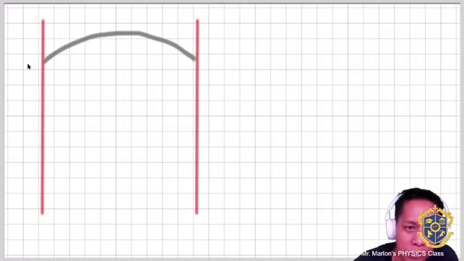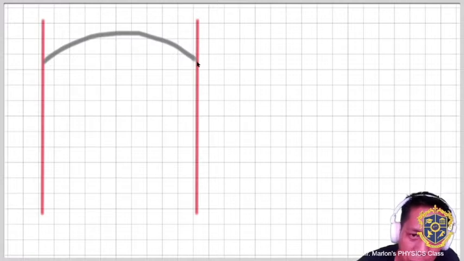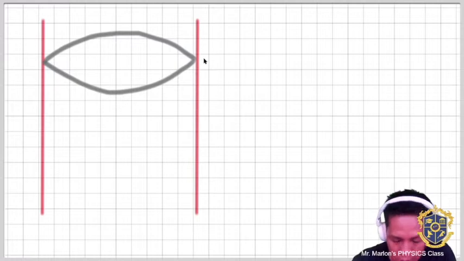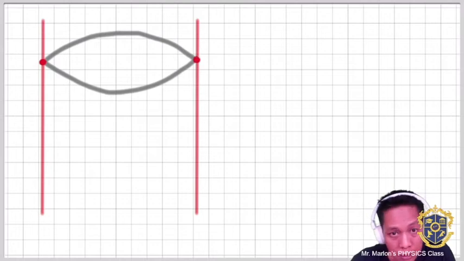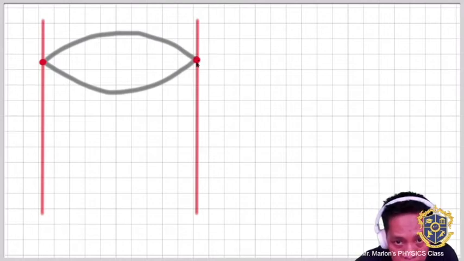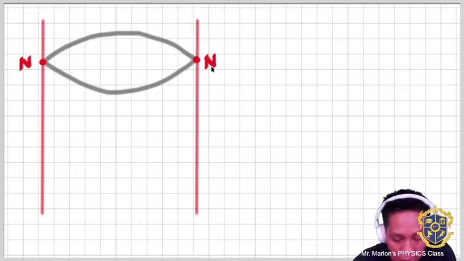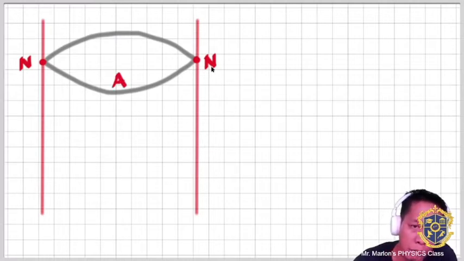Now say for example it came from here, and then after reaching this part here, there's a barrier, so you know that this one should be reflecting like that. And just like what I explained in the previous slide, this point here is a node. This one is a node here also. We can just put the name there. We have here a node, a node, and of course we also have an antinode.